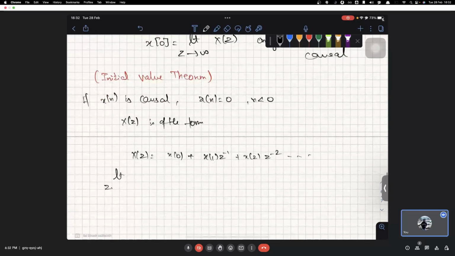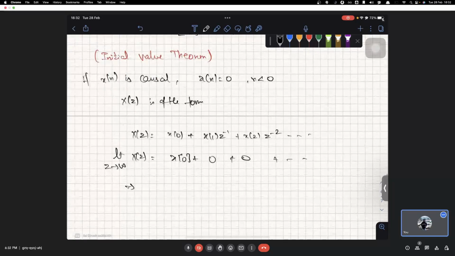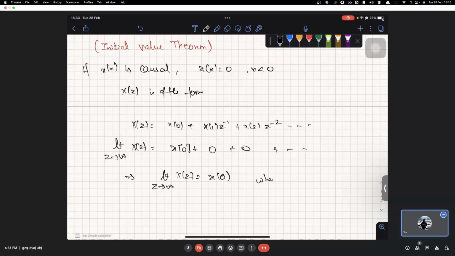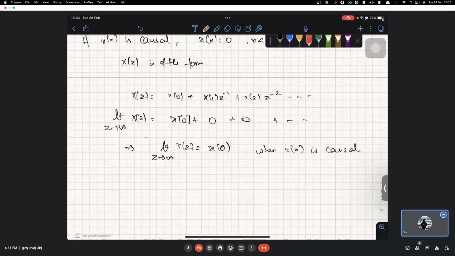Now the limit z tends to infinity of X of z will give x of 0, plus 0 plus 0. So we prove that the limit z tends to infinity of X of z is equal to x of 0 when x of n is causal. This is the initial value theorem.